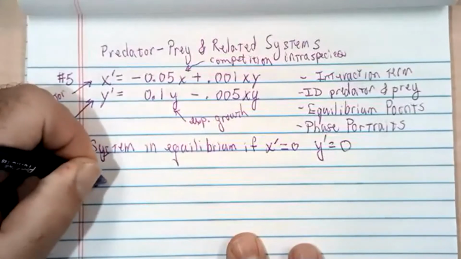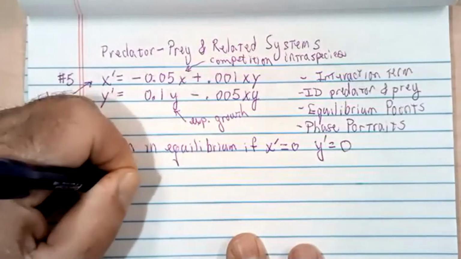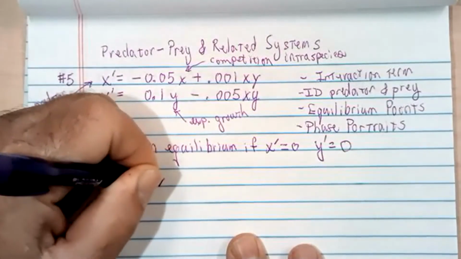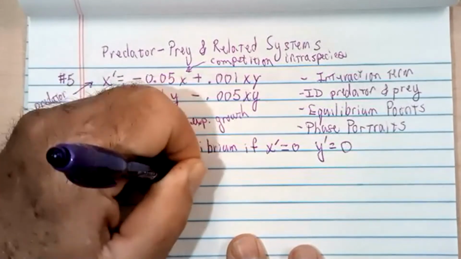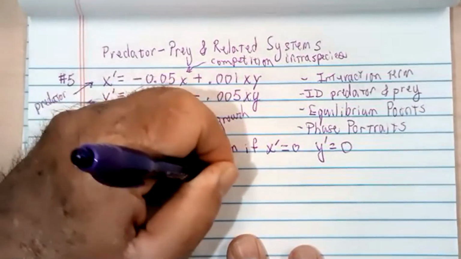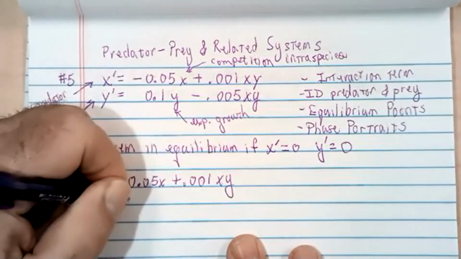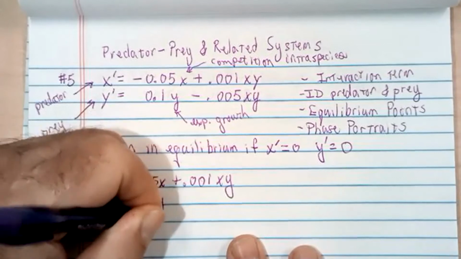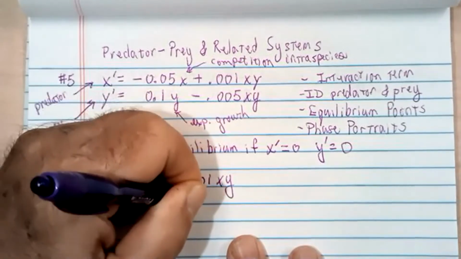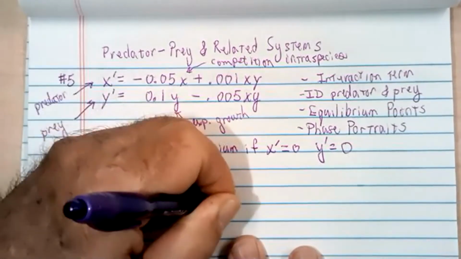So I'll say X prime is equal to minus 0.05X plus 0.001XY, and 0 is equal to 0.1Y minus 0.005XY.